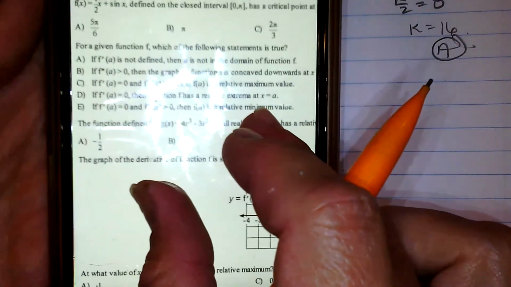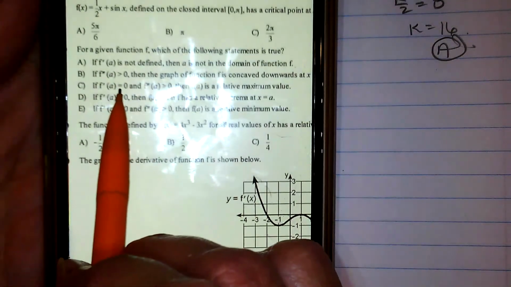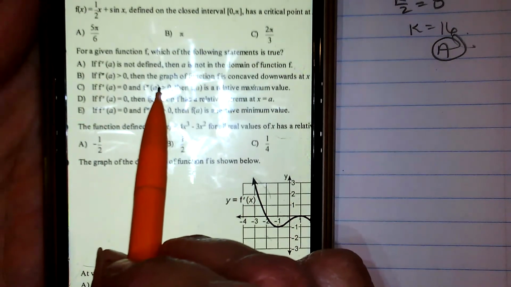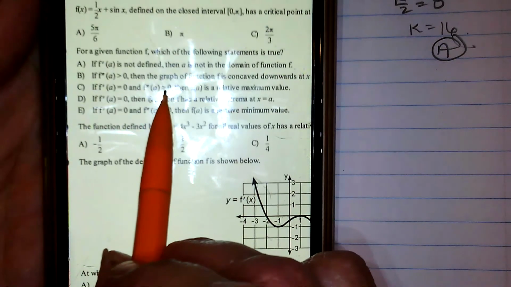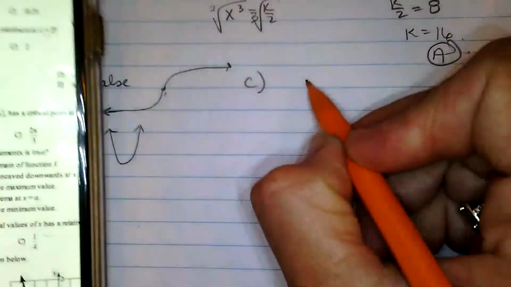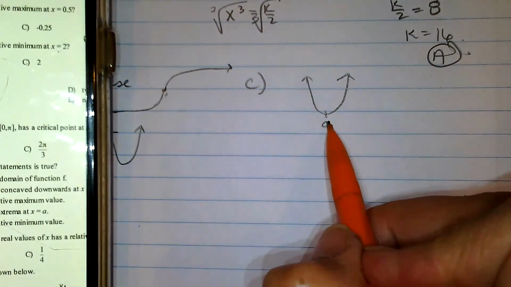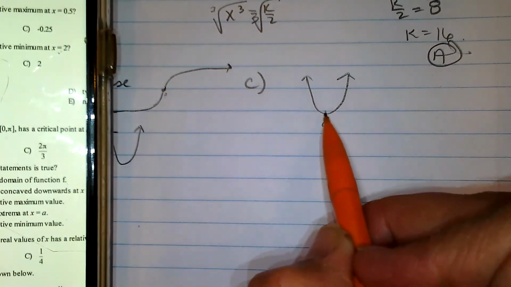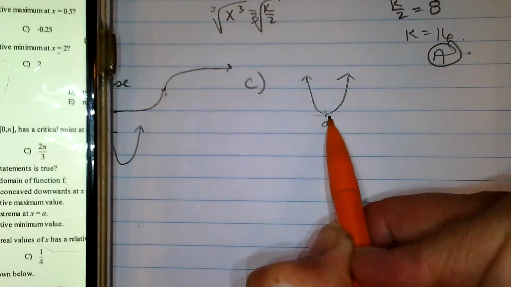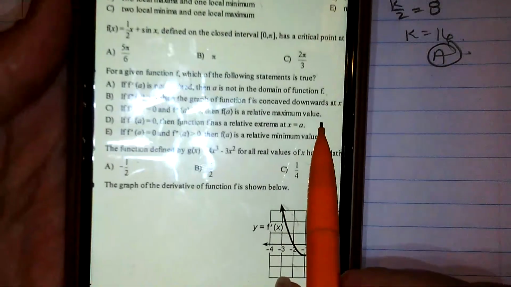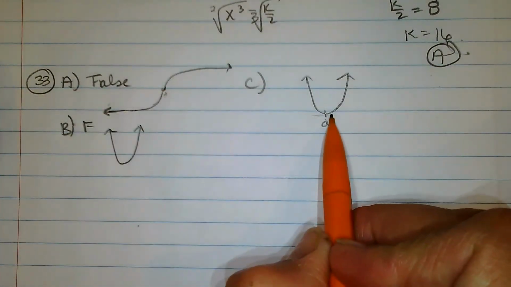C says if the first derivative is 0 and the second derivative is positive, so concave up at A, yet the derivative is 0 there because it does have a 0 slope, then the function has a relative maximum. No, that's a lie. That's a relative minimum.